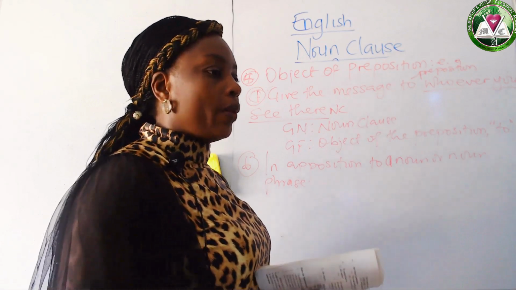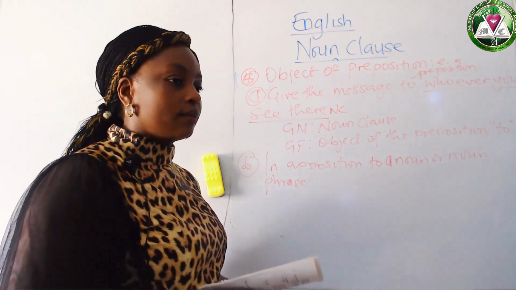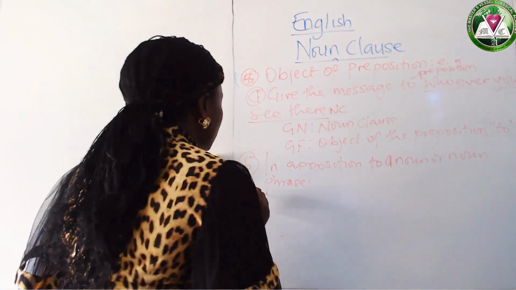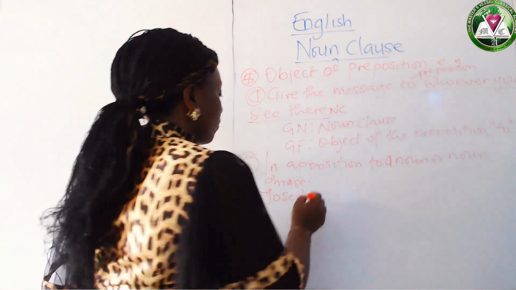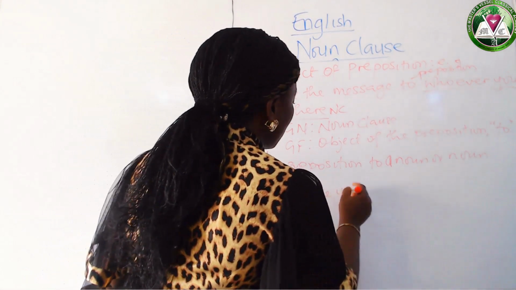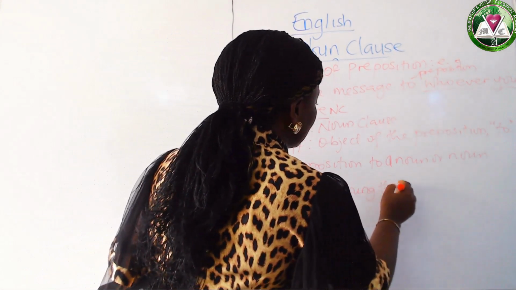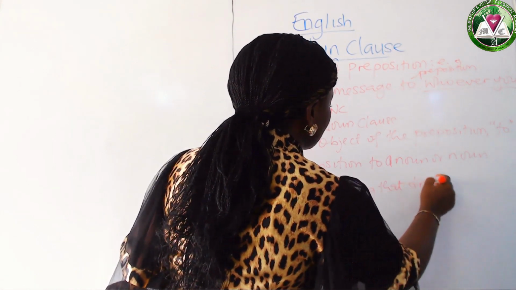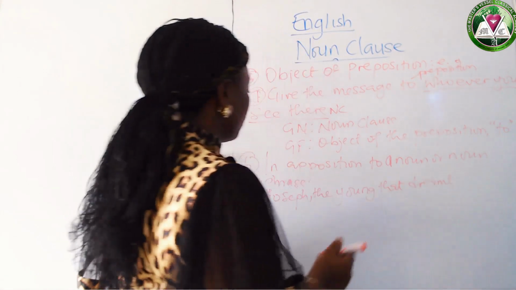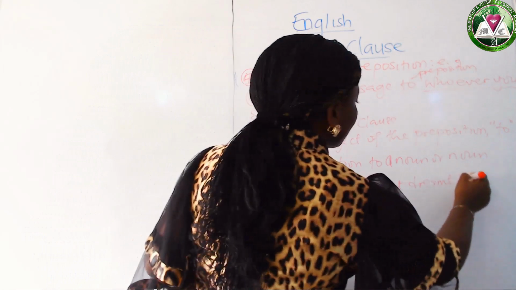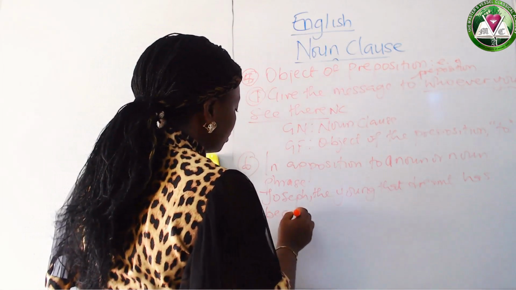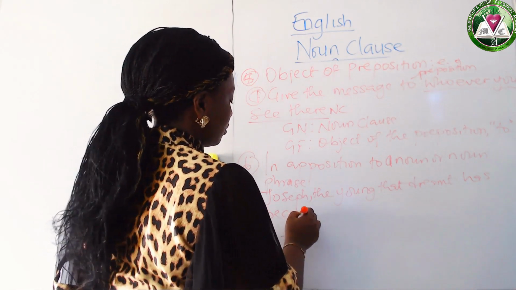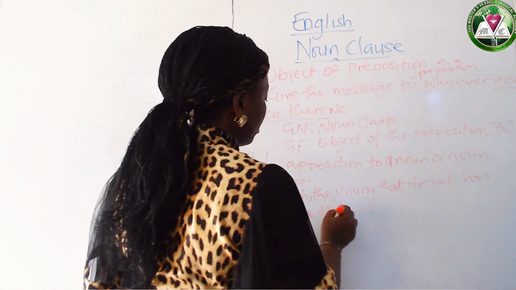Okay, we have an example here: Joseph, the young man that dreamt, has become the prime minister.